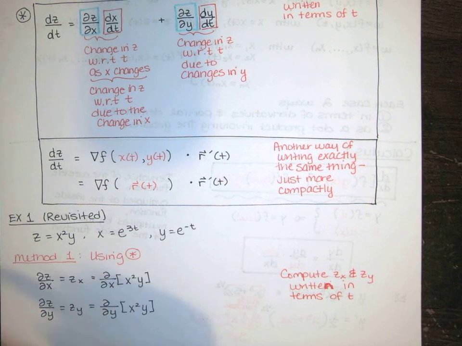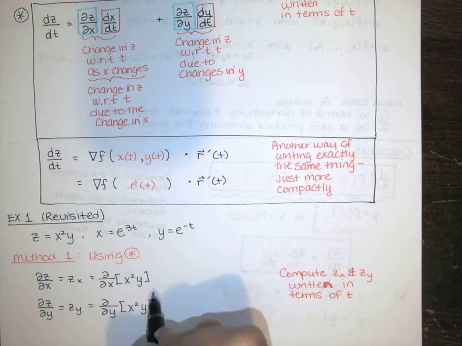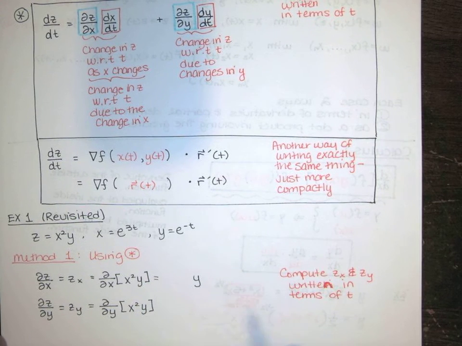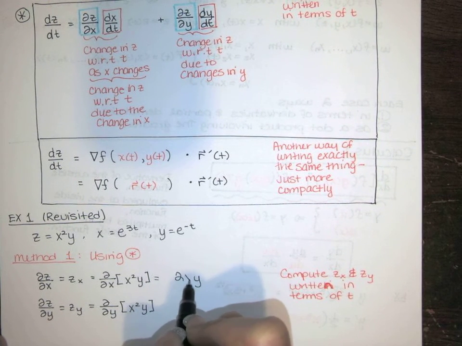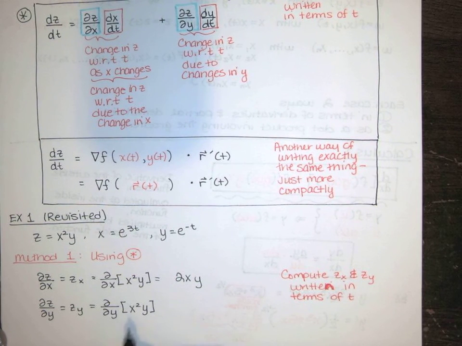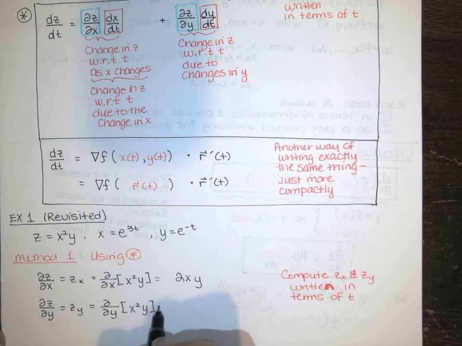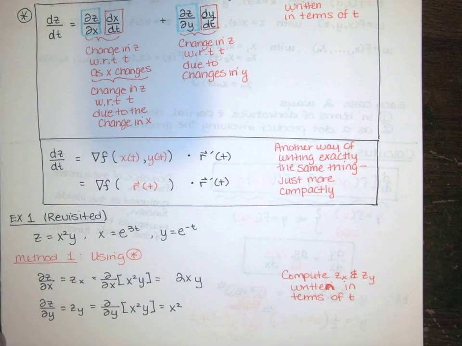Okay. Derivative of this with respect to x. Remember, y is a constant, so you bring your constant down. Derivative of x squared with respect to x is just 2 times x to the first. Here I've got a constant times y, because I'm treating x as a constant and y as my variable. The derivative of a constant times y is just my constant.